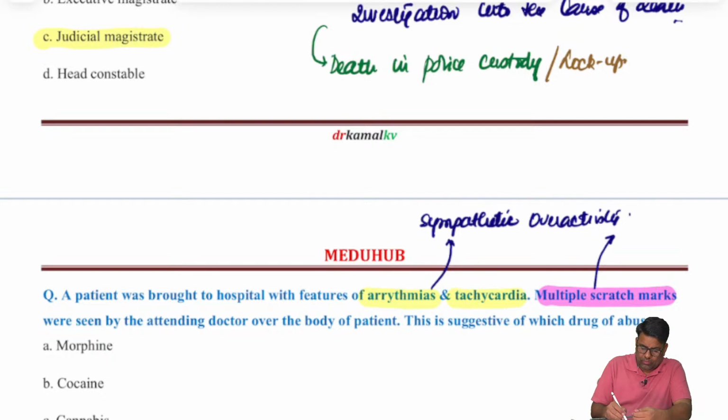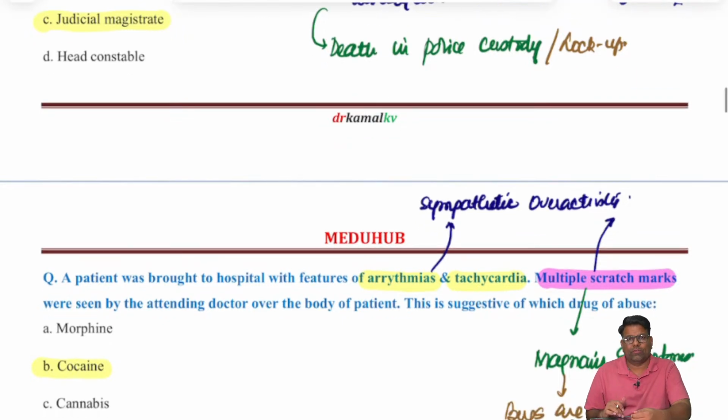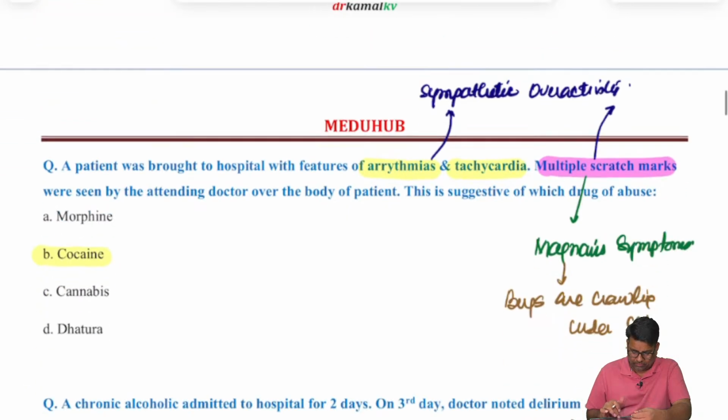So this is cocaine poisoning. Again, scratch marks, you can think of Magnan's symptoms where the patient feels that bugs are crawling under the skin. So tactile hallucinations. This way you can make it a case of cocaine overdose.